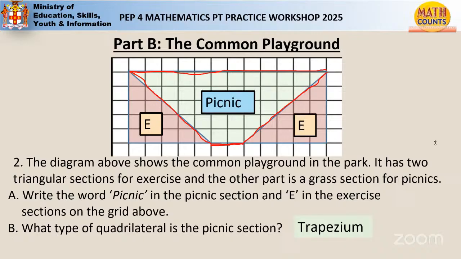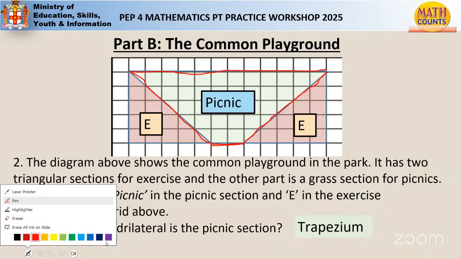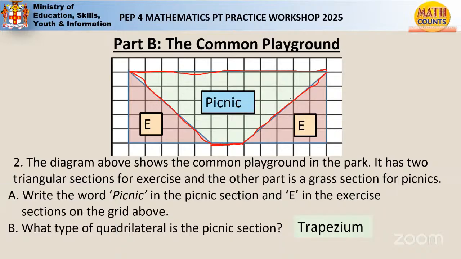So when we think about that now, does the picnic area meet that criteria? The opposite sides are equal here. So let us look at the opposite sides now. Let me use a different color. This side and this side are opposite sides.